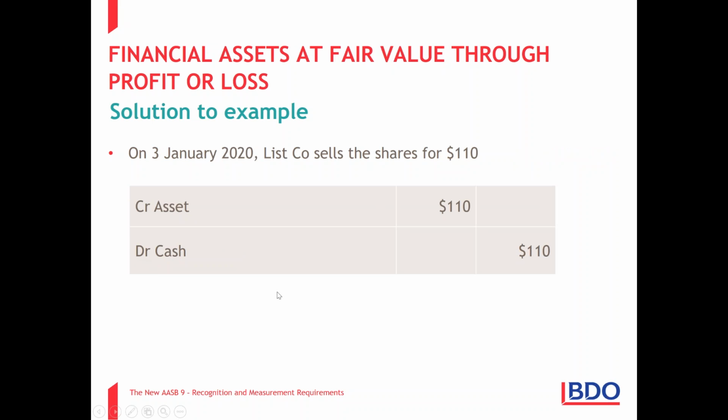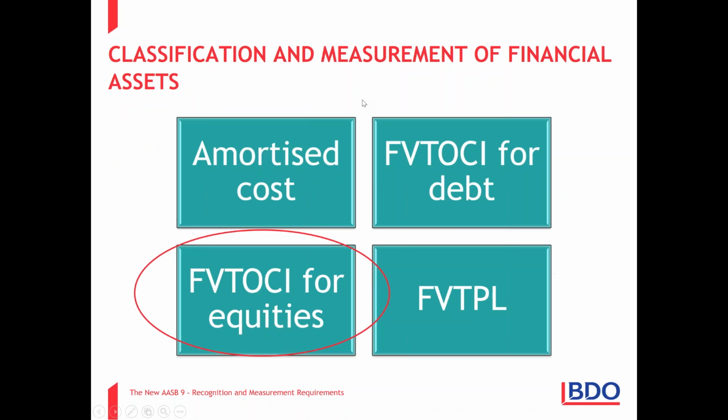And when we sell the shares on the 3rd of January, we credit the asset with the 110, we debit cash, end of story, no additional journal. So that is fair value through profit and loss, very easy, very simple. The problem with fair value through profit and loss is the volatility on your profit and loss, and on profit before tax.